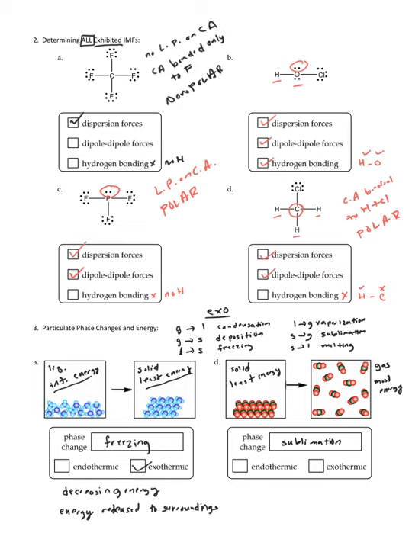Whereas in sublimation, you're increasing energy going from a solid to a gas. Where did that energy come from? The surroundings supply the energy here. And so you are bringing energy in from the surroundings.